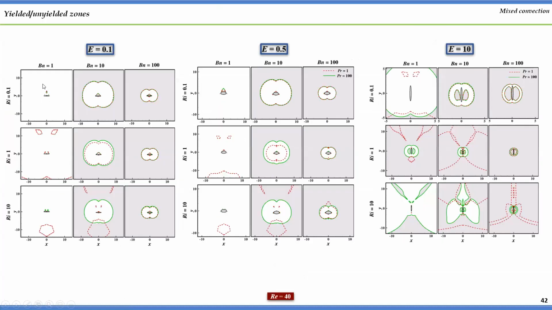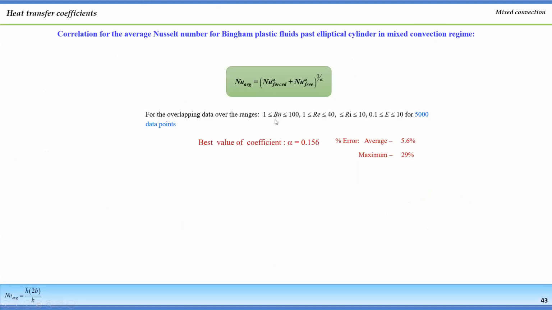But the beauty is, if the Bingham number increases and your Rayleigh number also increases, that means your free convection contribution increases, then most of the results will fall in the same category. That means you see a constant yielded and unyielded region over the range of parameters. And here we are able to propose the Nusselt number in terms of forced convection and free convection, which basically covers a large range of parameters.